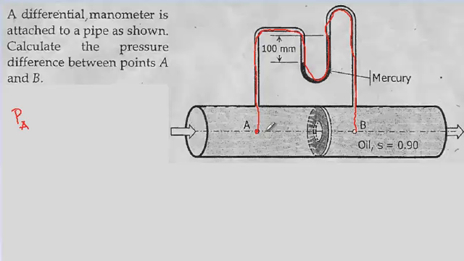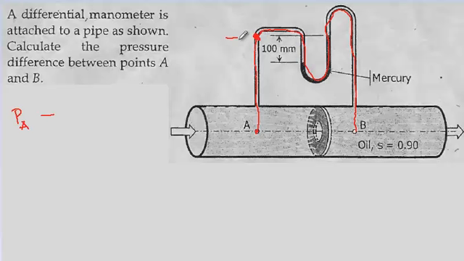As you move up, what happens to the pressure? It will increase, right? No, the pressure will decrease. If you move up, the pressure will decrease, so you subtract. How much? You move up to that point. What is that height?